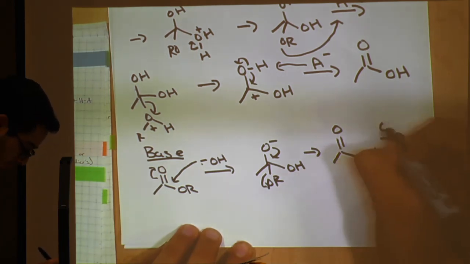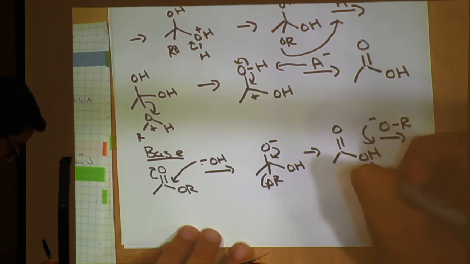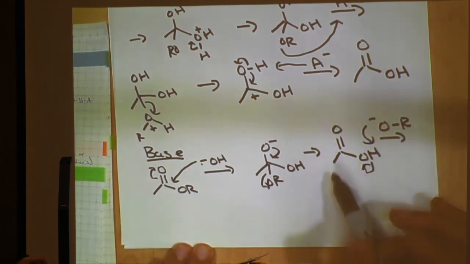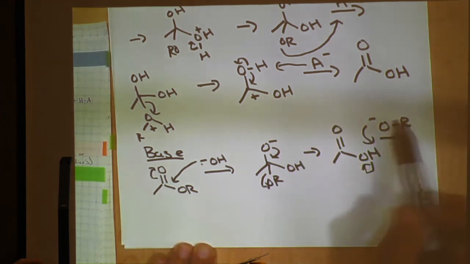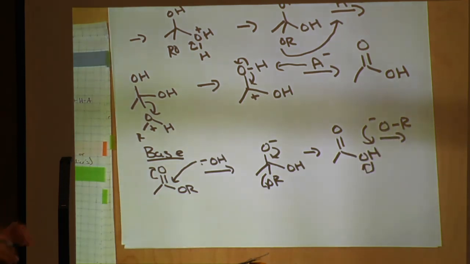And we can use OR negative to pick that up and send that there. Honestly, you're done here once you have the carboxylic acid. This extra step forms a carboxylate anion, which is important to know because this also helps you react with other things. And that's what the carboxylate ion is, what's used in saponification.